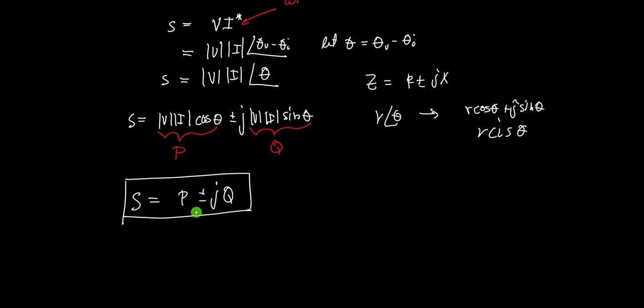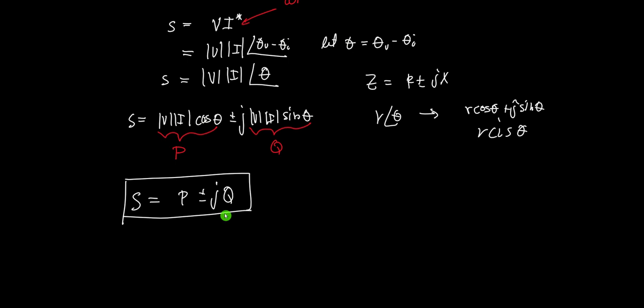If you know how to convert polar form into rectangular form, so you know how to add complex numbers in the different forms. This is special because if we solve the total power, remember the power is independent of the connection. We always add them.